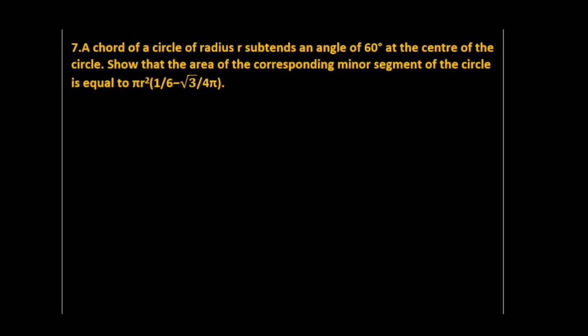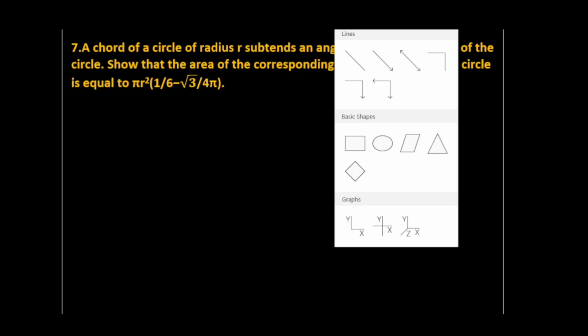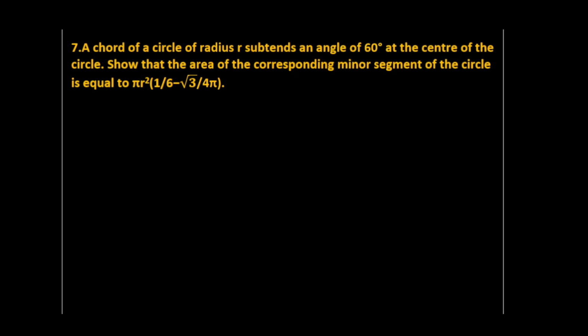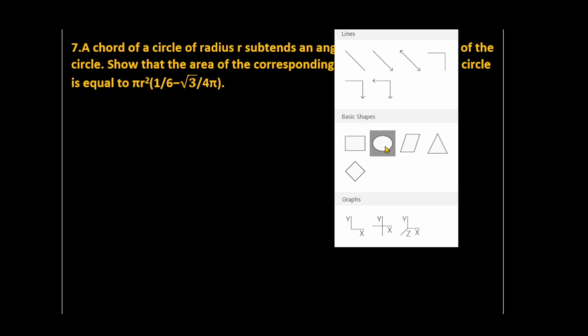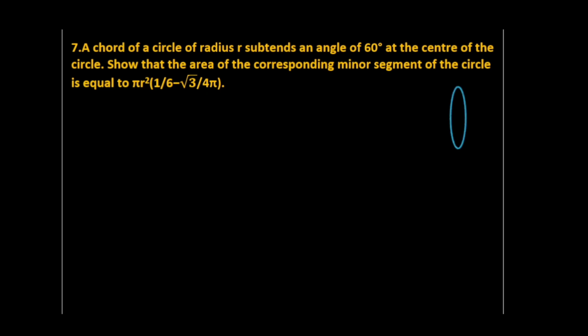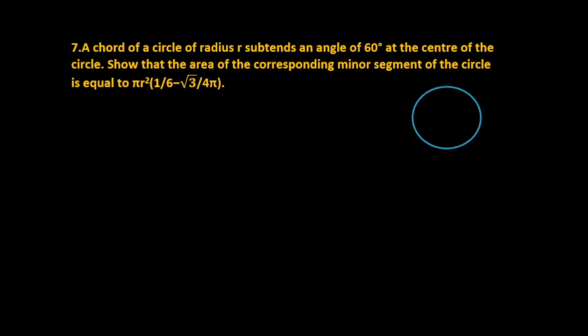So, chord of a circle, this is the circle. Now we will consider one chord, a chord AB.